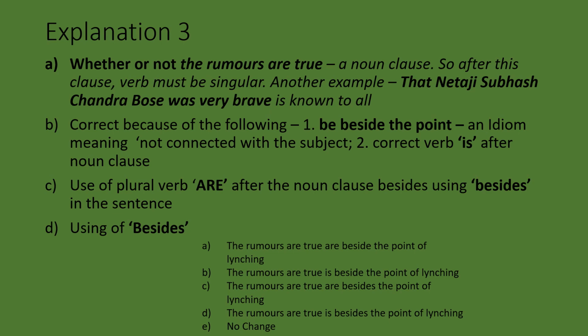Now option 4 is incorrect because we have used "besides" in the sentence. Because it is an idiom, beside the point, we cannot use anything else. So that makes the sentence wrong.